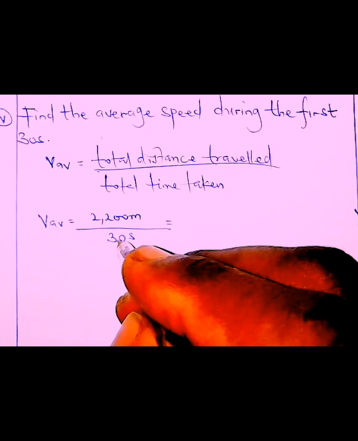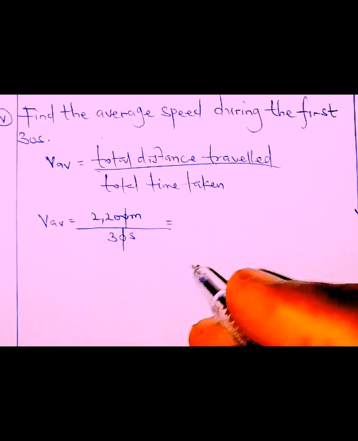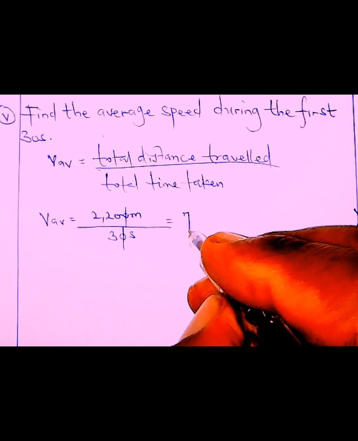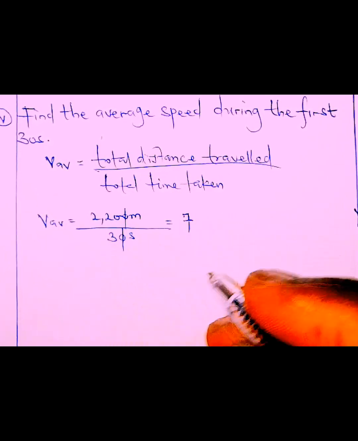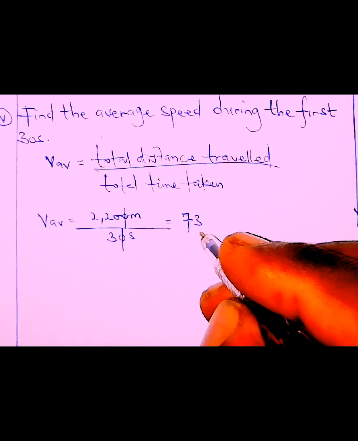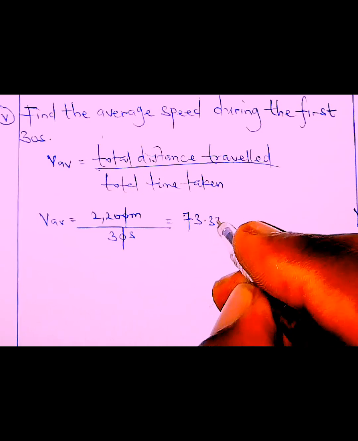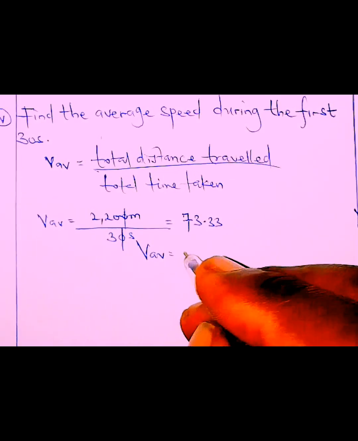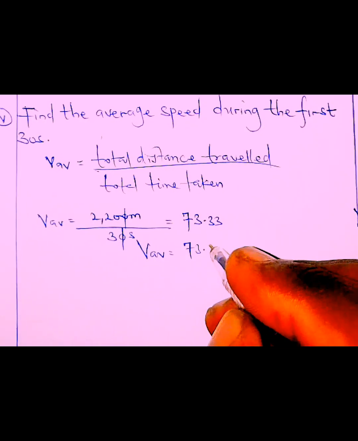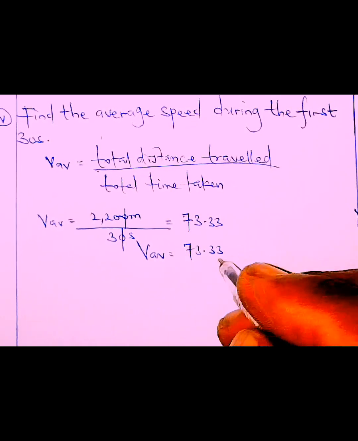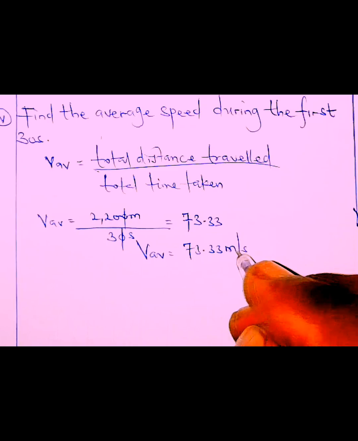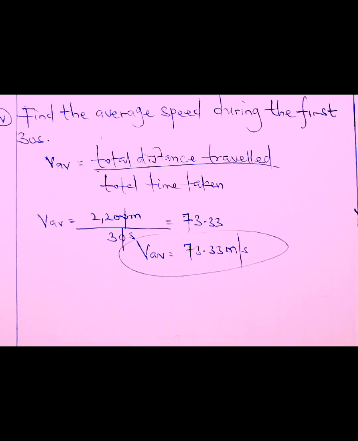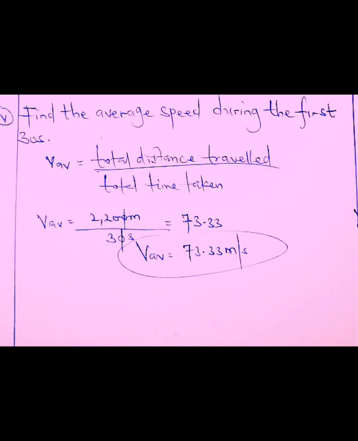So what do we do next? We're going to divide. 0 cancels with 0. So 3 in 22 is 7, 21 remainder 1. 3 in 10 is 3, that's 9 remainder 1. Then you have your set of recurring decimals. So our average speed is 73.3333 and so on meters per second. So that's that for the very final question in question 1.